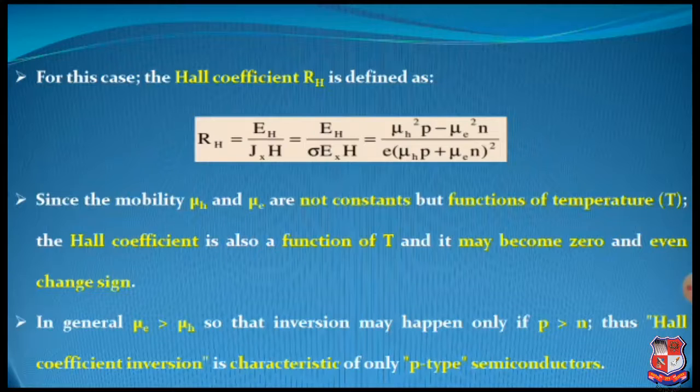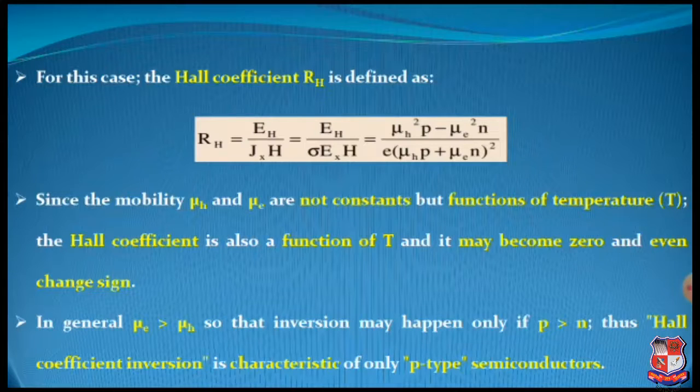For this case, finally, the Hall coefficient is defined as RH is equal to EH upon Jx into H. Substituting the value of current density, that is equal to EH upon sigma Ex into H. The final equation will be mu H square into p minus mu E square into n divided by e into mu H p plus mu E n whole square.